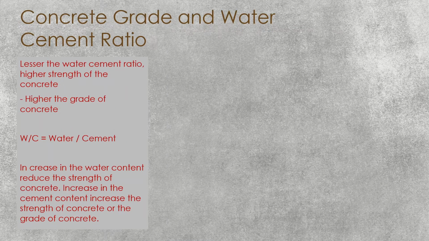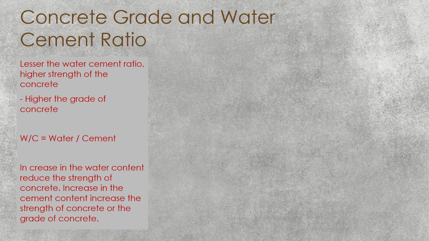Concrete grade and water cement ratio relationship. The lesser the water cement ratio, the higher the strength of the concrete, and the higher the grade of the concrete. Now, how does the water cement ratio become lesser? You have to reduce the water content, or you have to increase the cement content.